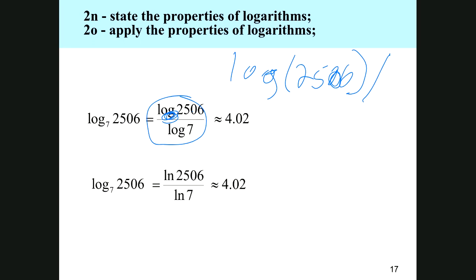If you don't, you got to close the parentheses to let it know, okay, I'm done with that first logarithm. Then when you put that in the calculator, you'll get 4.02. Interestingly enough, if you do it with natural log, you'll get the exact same answer. So you could pick either one, common log or natural log. It's simply remembering that the number that's inside the logarithm is in the numerator, and the old base is what goes in the denominator.